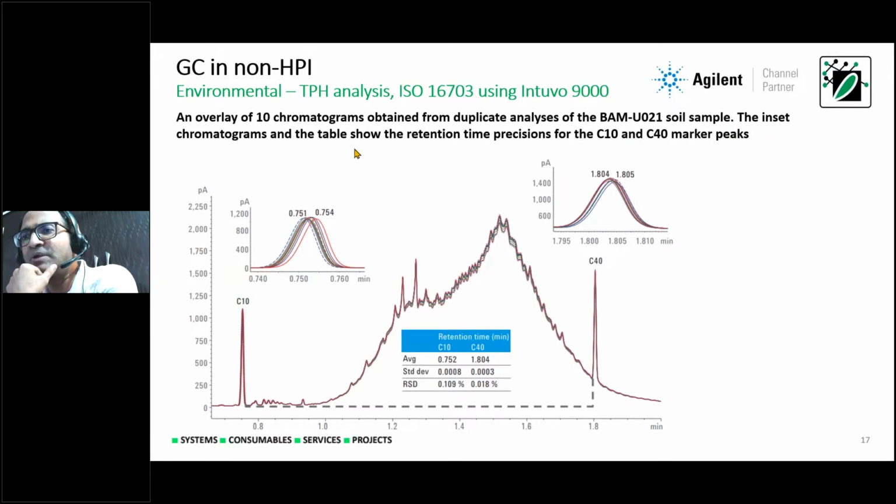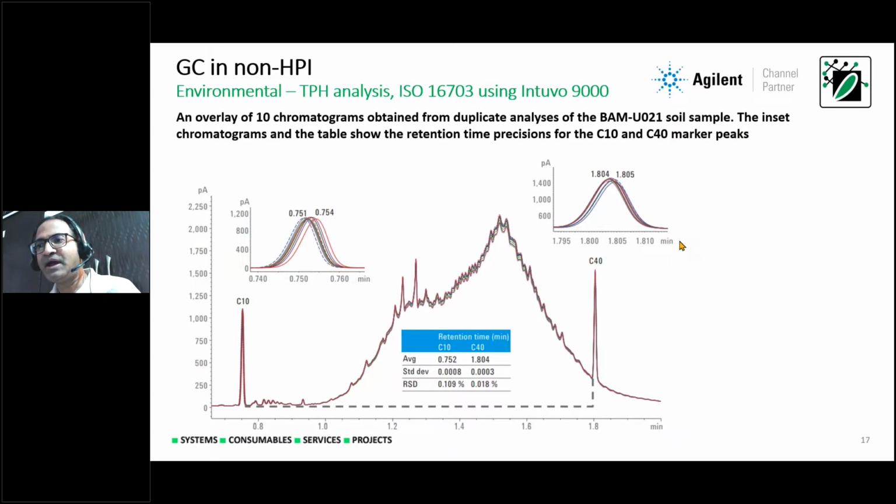The inset chromatograms and the table show the retention time precision for the C10 and C40 marker compounds. So you see C10 here, C40 here, and this is how precise the data looks. So we are able to do that reasonably complicated analysis in less than 2 minutes. This is the strength of the Induvo GC. It's possible because of the Induvo GC.